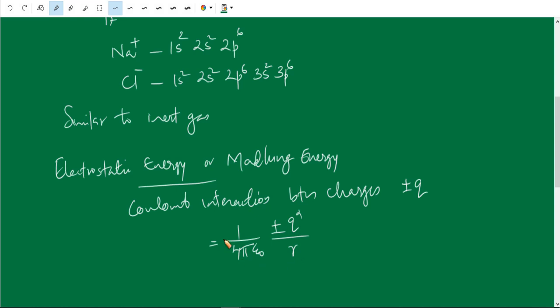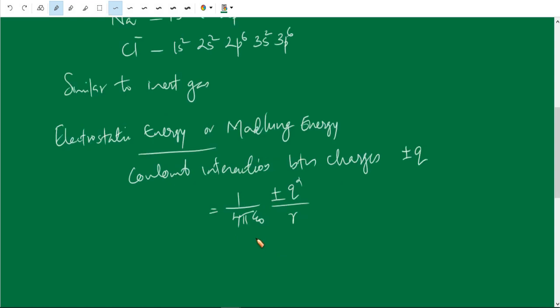Now the repulsive interaction between ions with inert gas configuration is similar to that between inert gas atoms. In inert gas atoms we have already discussed that the repulsive energy is B by R raised to 12, but we are not using this.